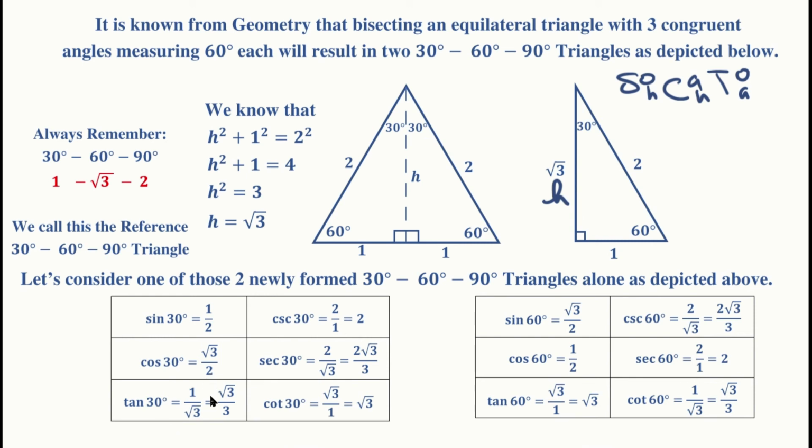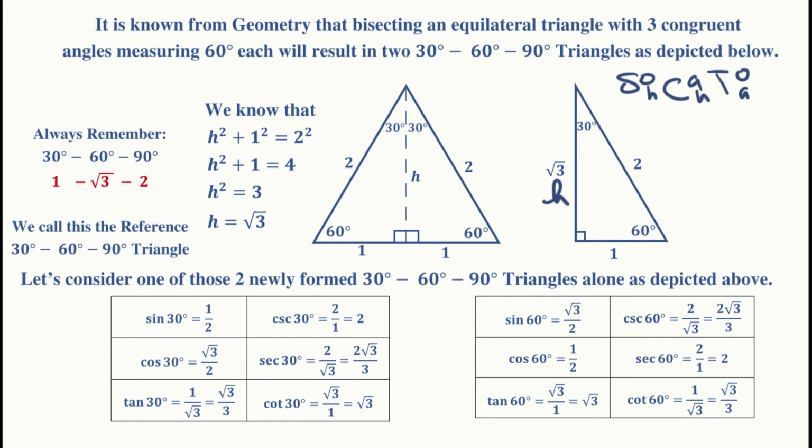Now, much more important than remembering what the tangent is, of course, is remembering what the sine and cosine are. Why is that? Because if you know those two, you can get all 6 values. So let's take a look at why that would be enough to get the tangent.